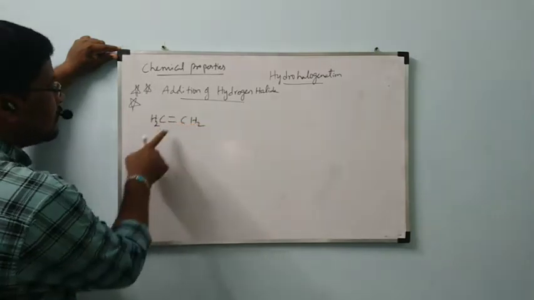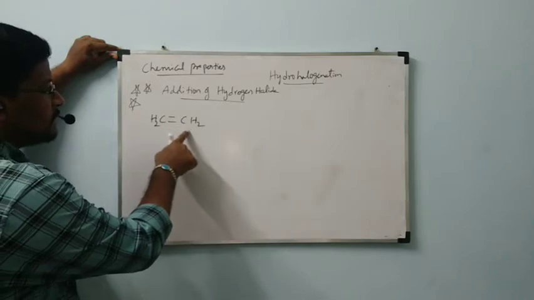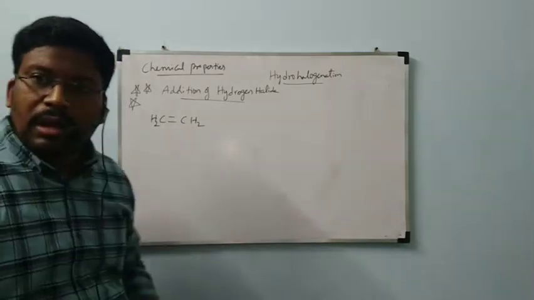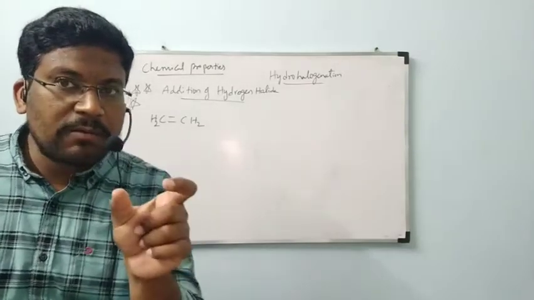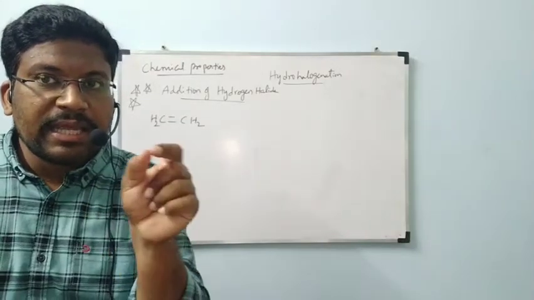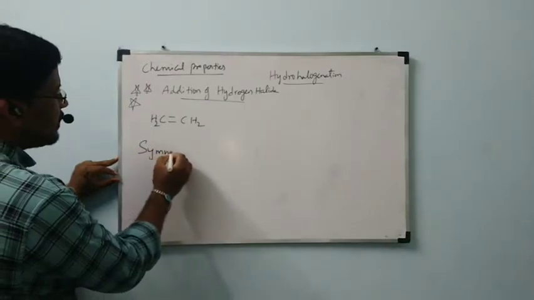Alkenes definitely contain a double bond, so we have to concentrate on the double bonded carbons. If the double bonded carbons contain the same number of hydrogens, that is called a symmetrical alkene.